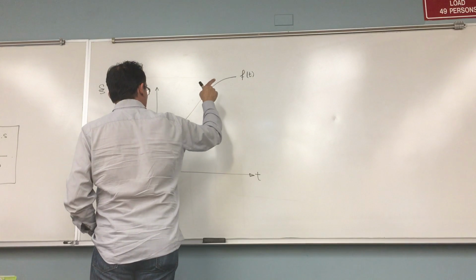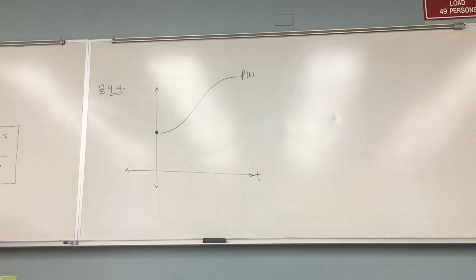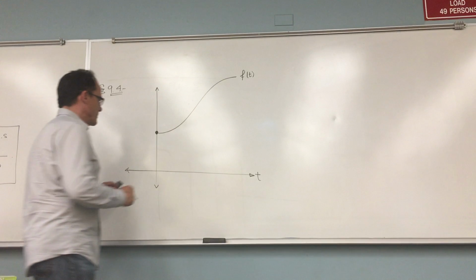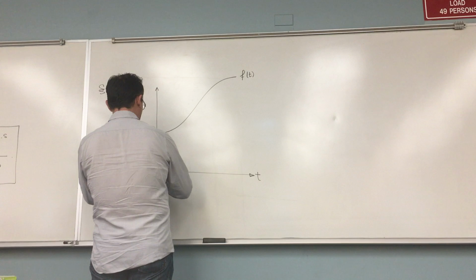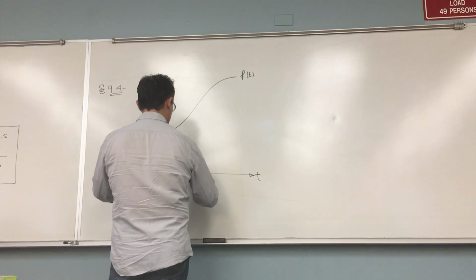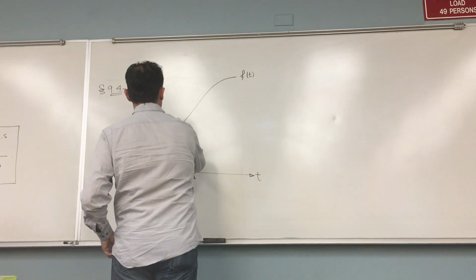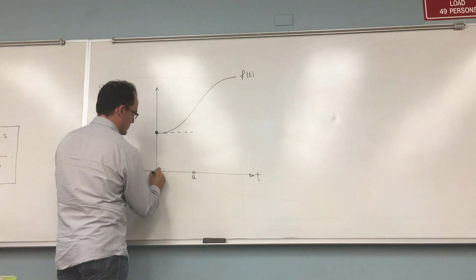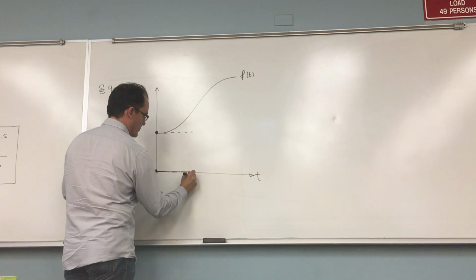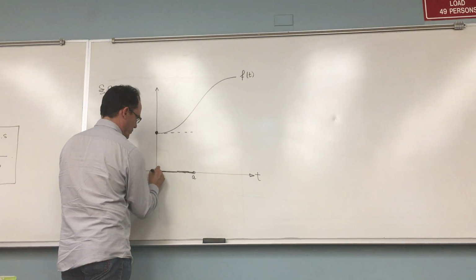Whatever that function of t is, we could compute the Laplace transform of that. But what we want to compute the Laplace transform of is a function that at the beginning, from time t equal to 0 to time t equal to a, is 0.